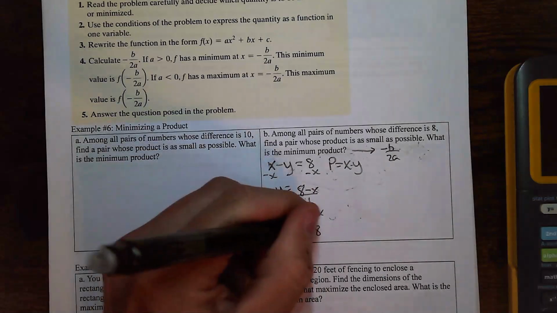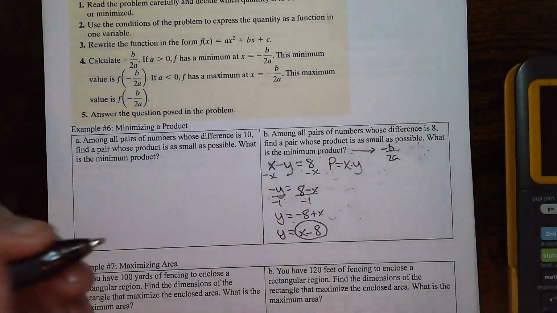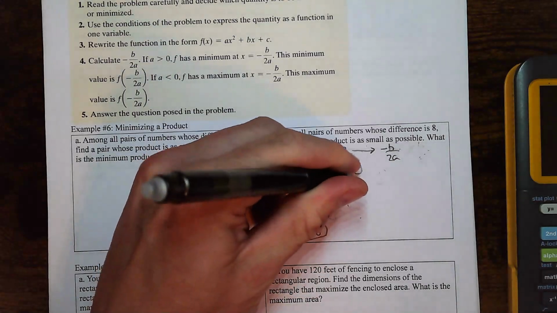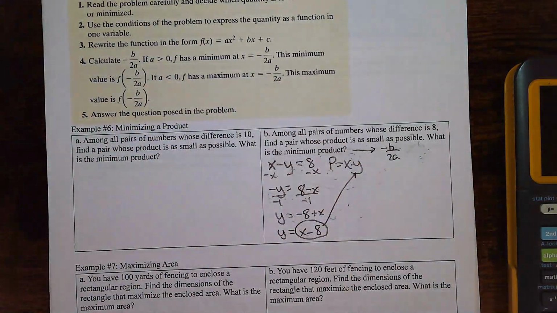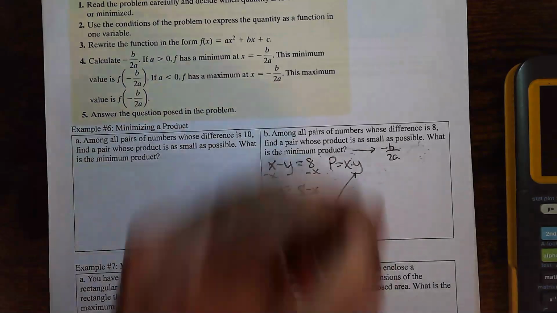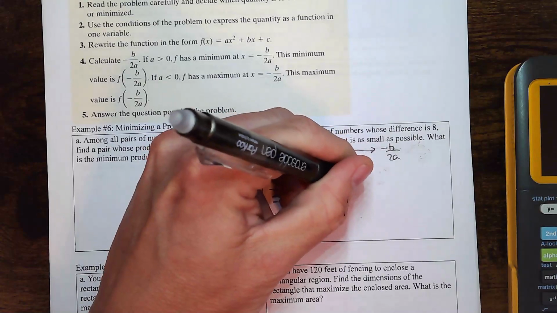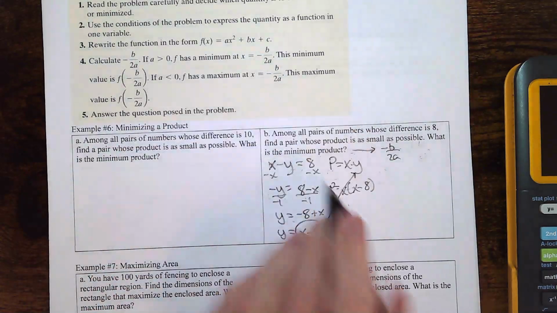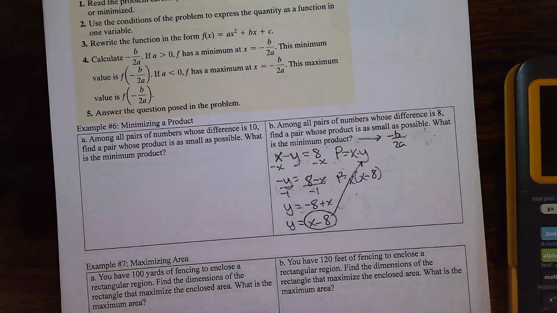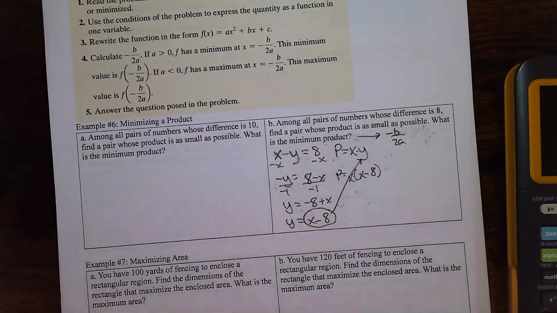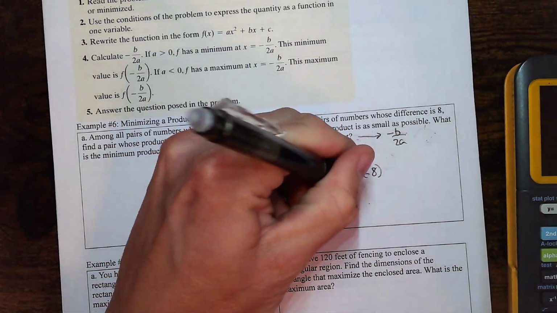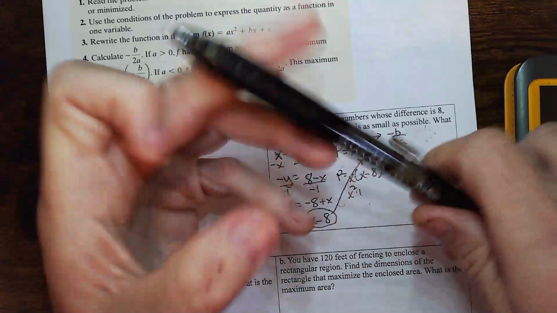Well, y equals this expression here, so I'm allowed to plug this into my other equation. So now I'm going to have P equals x times, instead of writing y, x minus 8. So instead of having two equations with two letters, now I have one equation with just one letter. So I can distribute this: x squared minus 8x.